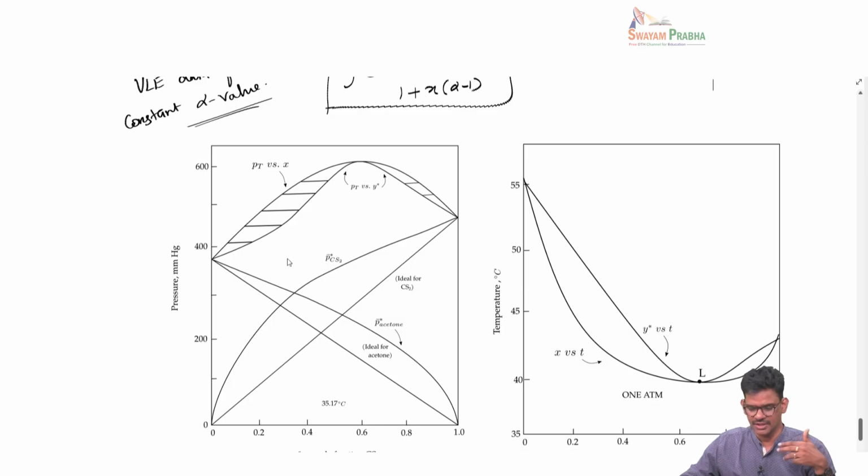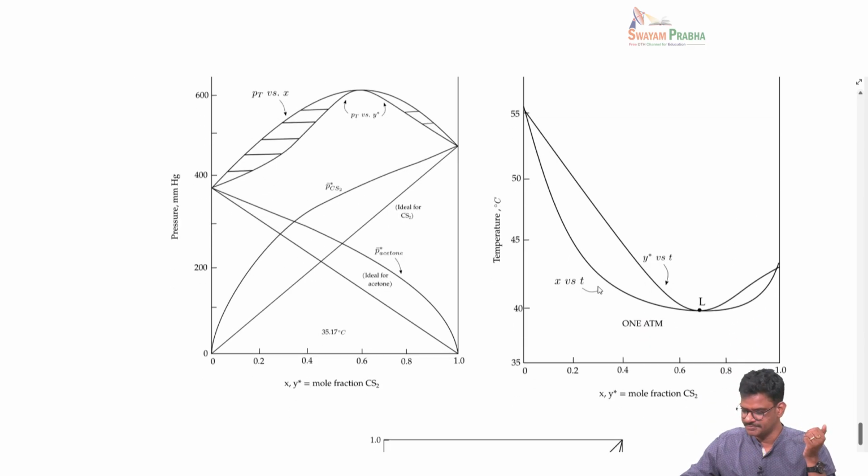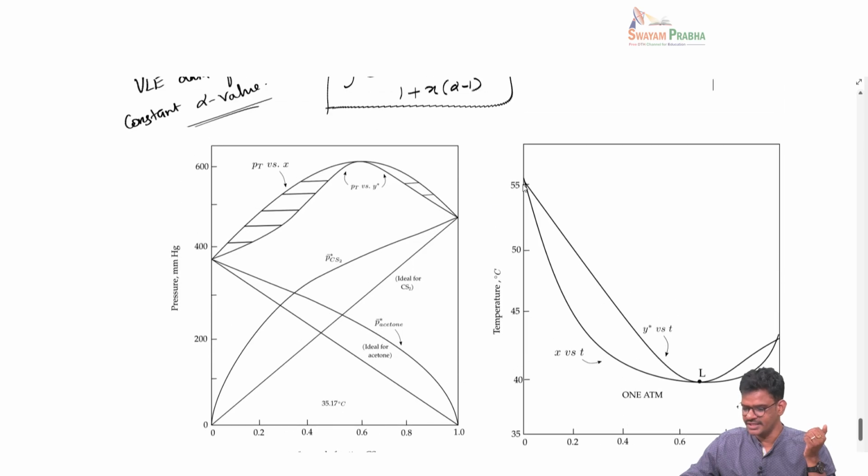The consequence of this can be shown in the Txy diagram, which is on the right. You should in principle get the envelope between Tb and Ta, but actually you see there are temperatures which are below Ta. These are called minimum boiling azeotropes or minimum boiling mixtures.